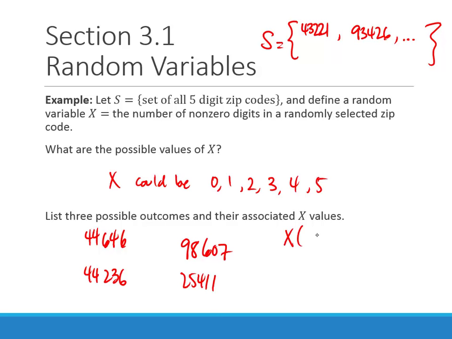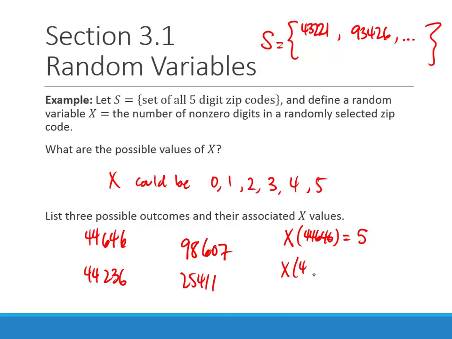Let's figure out what their x value is. So the random variable for 44646. How many non-zero elements do I have there? I think I said that wrong the first time. So if we're looking at non-zero elements, all 5 of those are not 0.